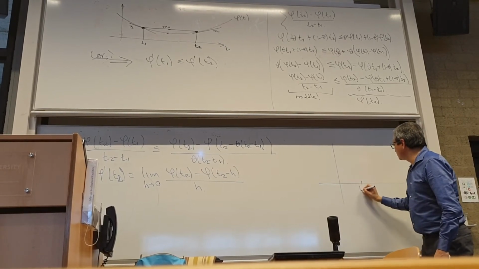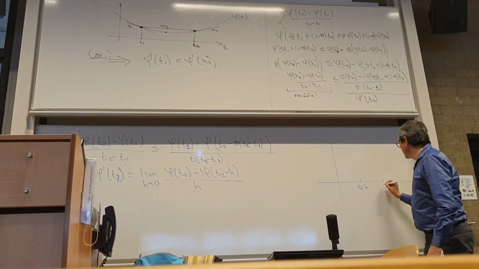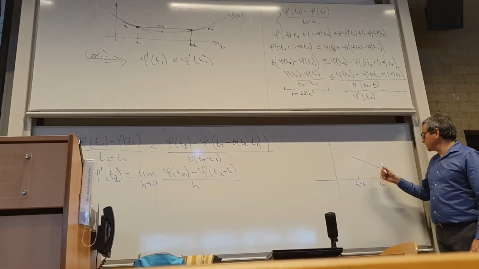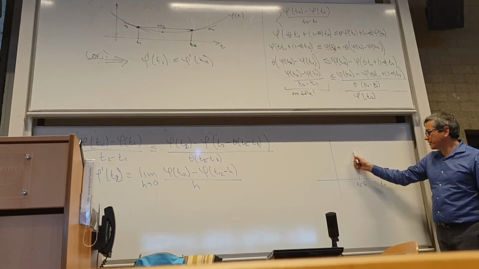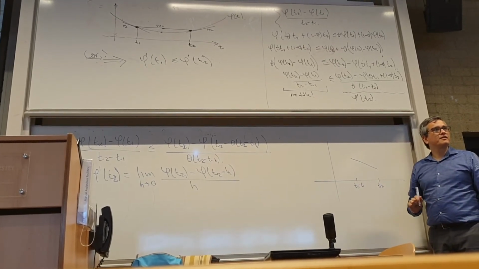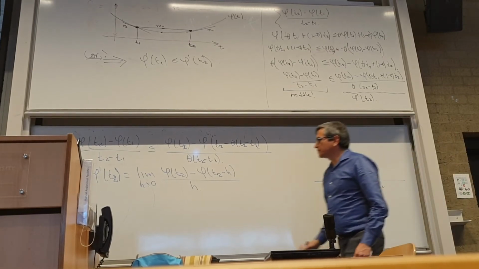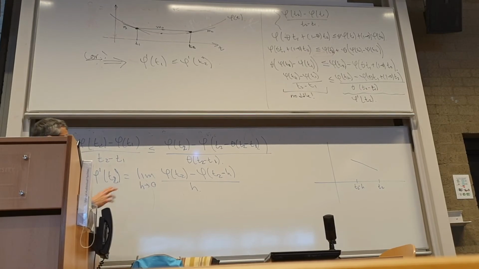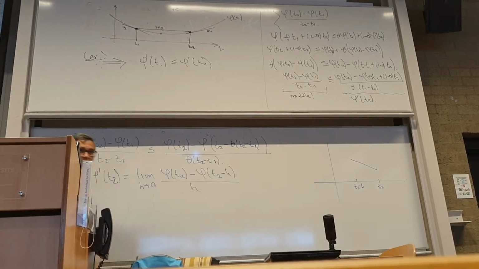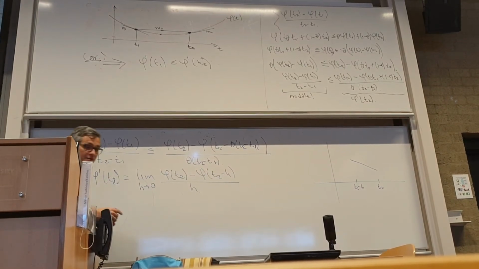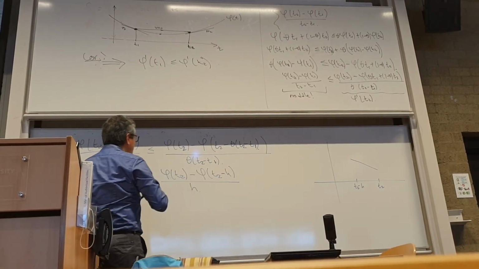So this is T2 minus h, this is T2, and the slope of this will be phi of T2 minus phi of T2 minus h, divided by the difference that is h. Okay? So it's good that we actually got it with this minus here. Because then what we want is to say, well, this is on h.